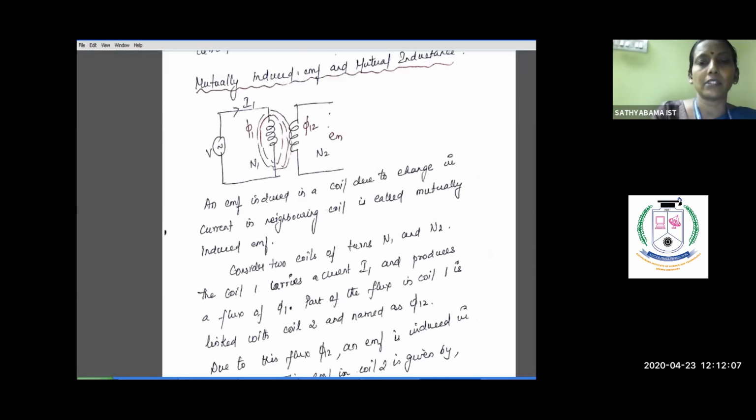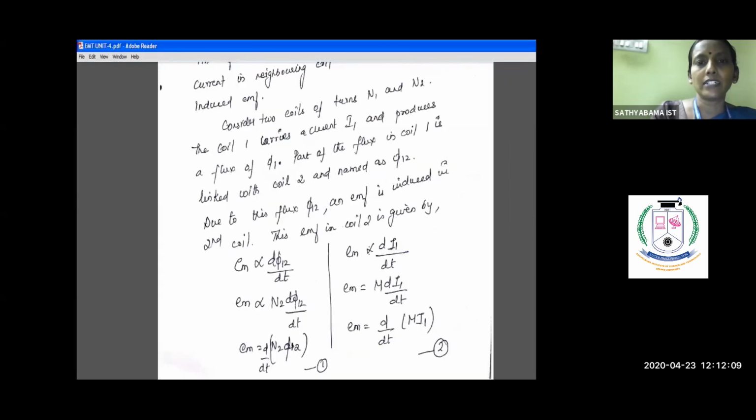The voltage equation we frame for the secondary side: EM is proportional to d by dt of phi12, and the proportionality sign is replaced as N2 into d phi12 by dt.